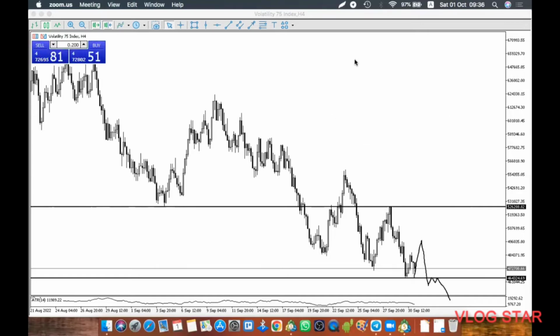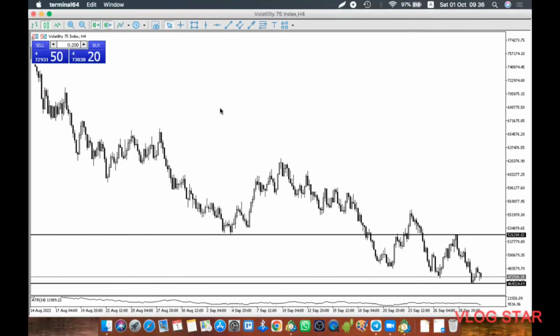That's what I'm trying to show you. Okay, I understand. But there are different types of markets. VIX 100 is not the same as VIX 75.